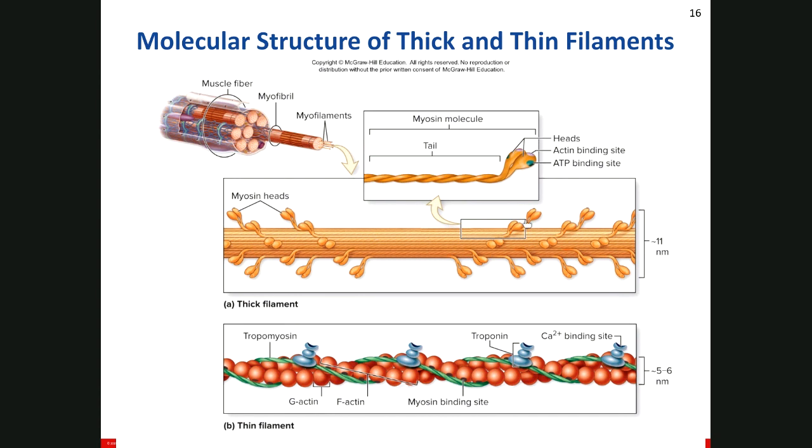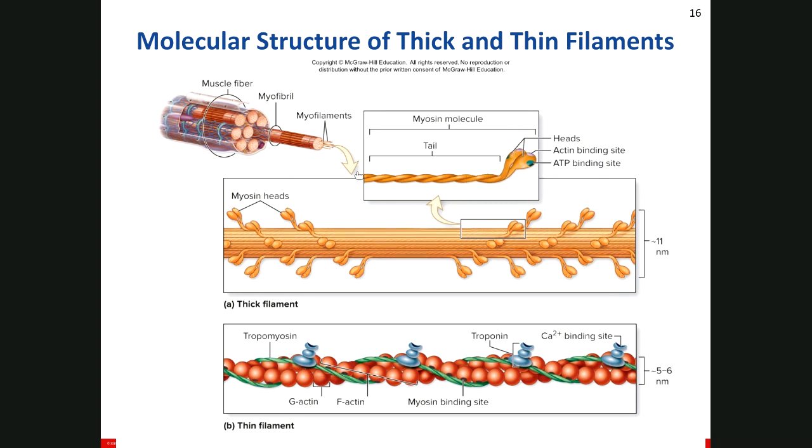In this yellow structure, we have a protein which we call myosin. So, our thick filament is made up of myosin molecules, as you see here. Each of these myosin molecules is composed of two parts. These two parts have one head and one strand.